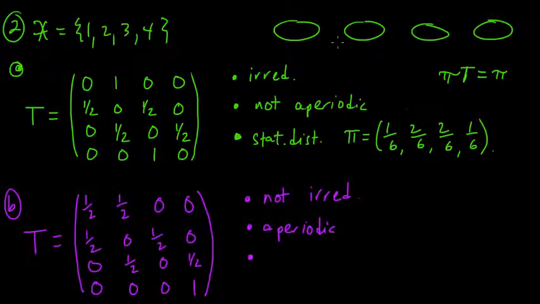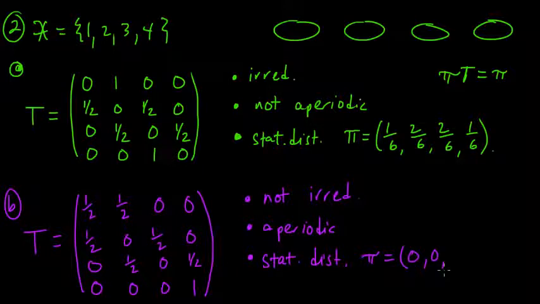And you can do a similar thing for these others. And so therefore it's aperiodic. And it also has a stationary distribution, which is 0, 0, 0, 1. Again, you just write down the conditions and you can solve for that stationary distribution.